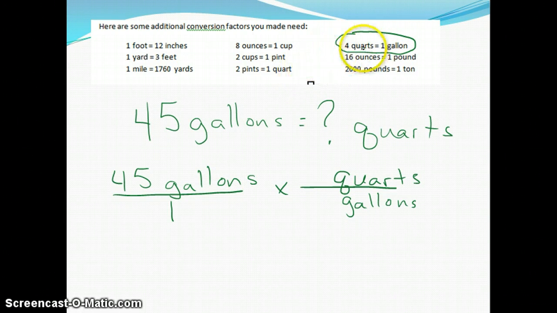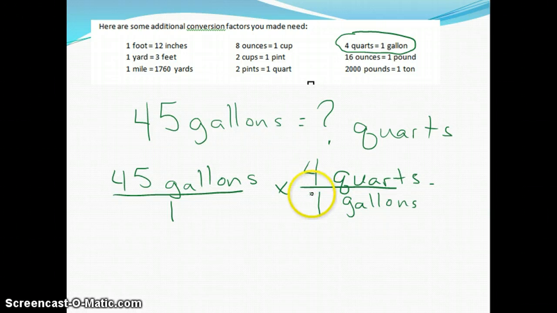All right, and the conversion says that 4 quarts equals 1 gallon. So when we write it in, we're going to use 4 by the quarts and 1 by the gallons. And then we'll hit equals, and to find how many quarts we had, we have 45 times 4 divided by 1.